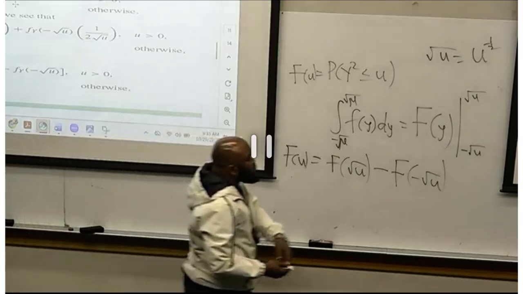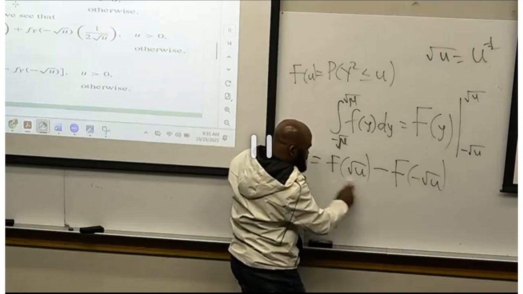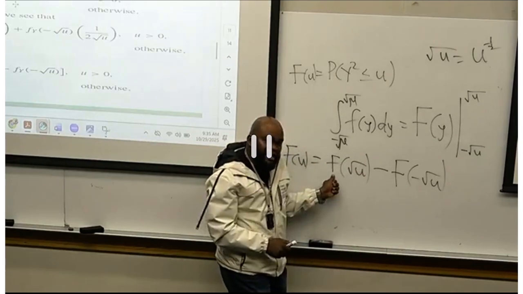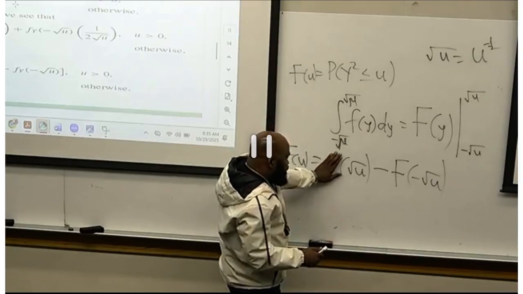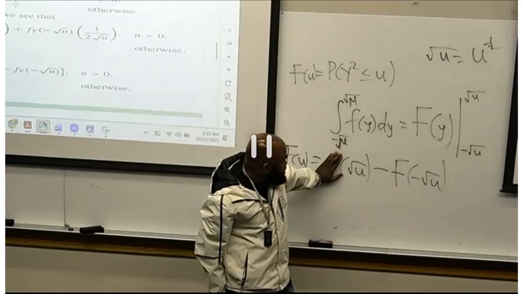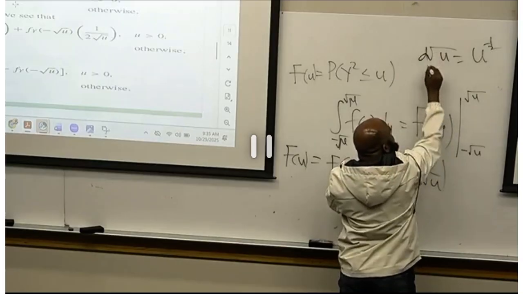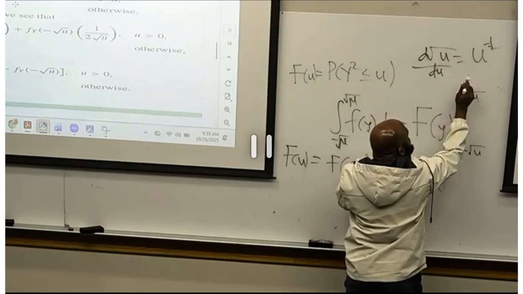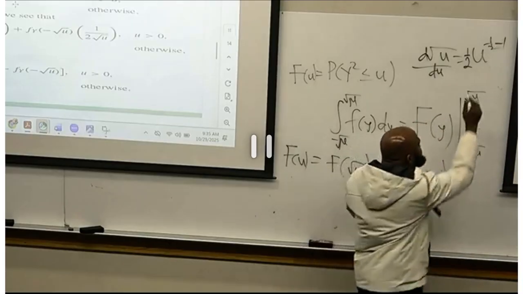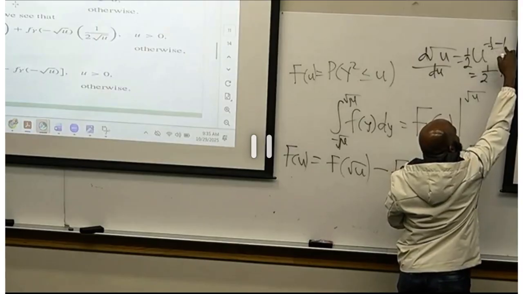I want to differentiate the whole of this. Differentiating this, I will first write a lowercase f. I will block this. I will differentiate what is inside as well. Differentiating what is inside, d/du of that, I'm going to have half here. This is going to be negative 1, and this is going to be half, because this is u raised to power minus half.